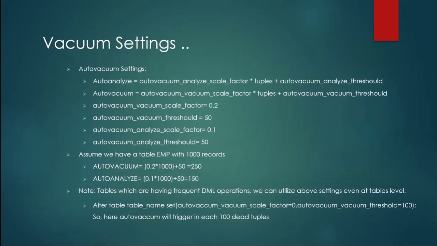That is about vacuuming and full vacuuming. These are the settings. These are the default settings in PostgreSQL, and also the recommended settings. But based on our requirement and how many transactions are happening in our PostgreSQL system, you can change these settings to make our auto vacuuming operations more aggressive.